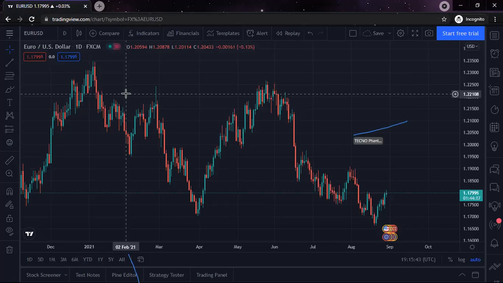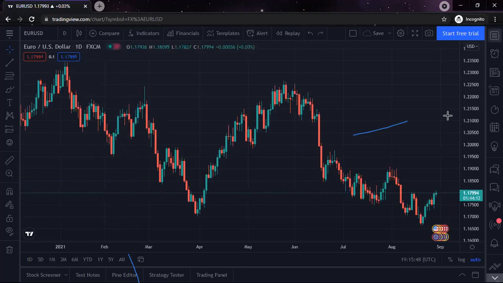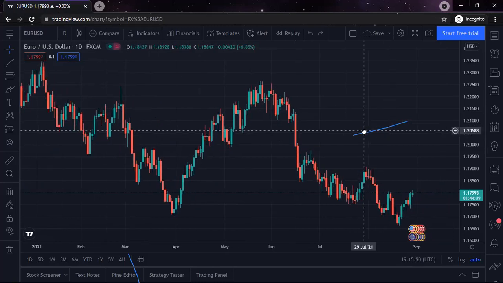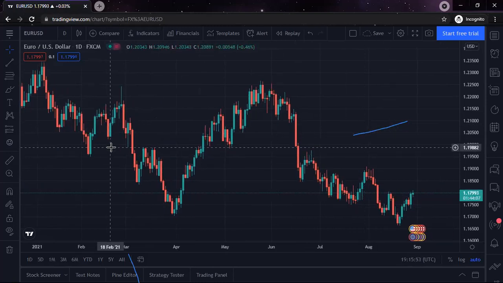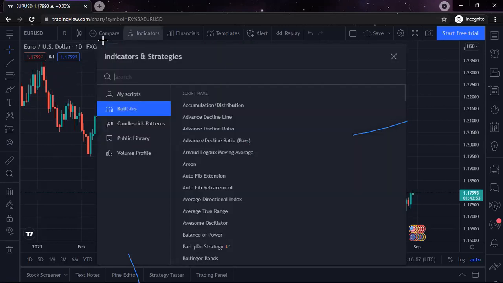This is what you're going to have on your screen. Then go to Indicators, check on your top left as you can see where my cursor is, and click on it. Here is the search bar for indicators, so you just type in the indicator you are looking for.